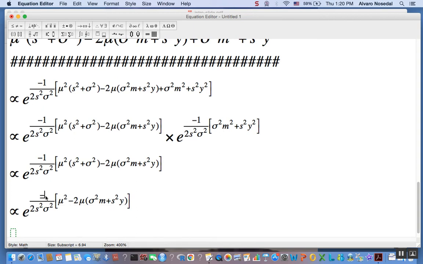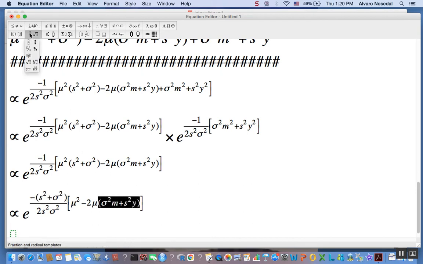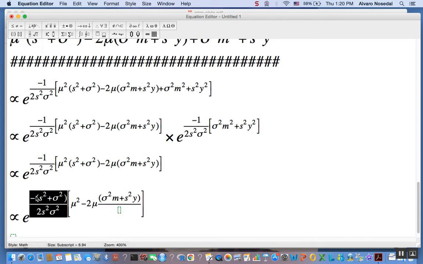You would have it here, right? And then you would need to divide by that term here. So we just factor out this guy. Mu squared times this is the first term. But this one doesn't include that s squared plus sigma squared multiplier. So if you divide by that, you end up with this.